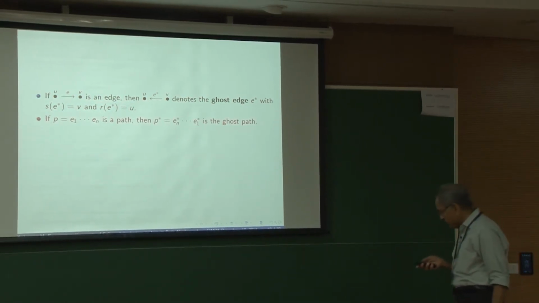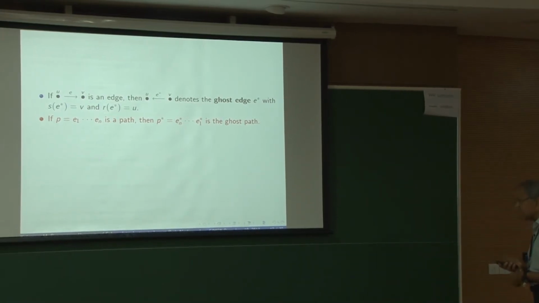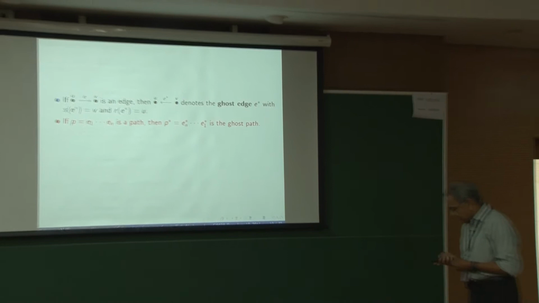If P is a path, E1, E2, ..., En, then P star is a path going in the opposite direction.